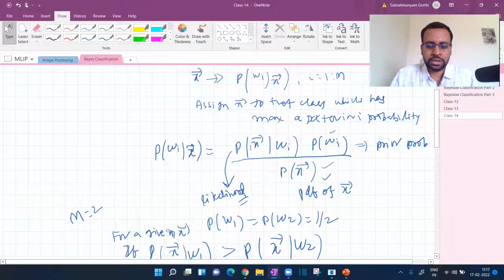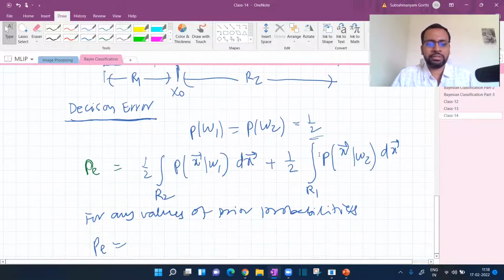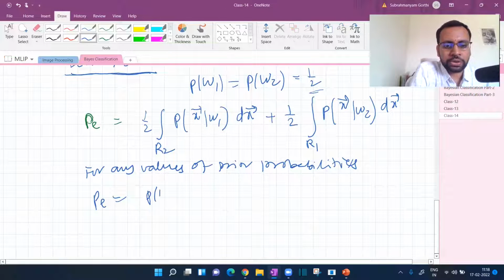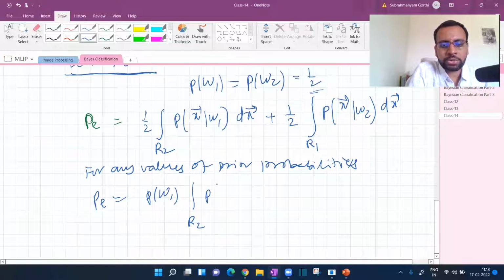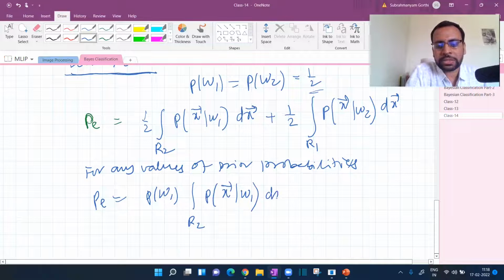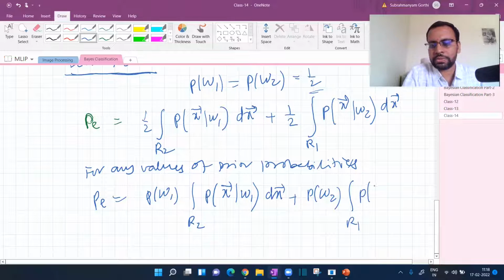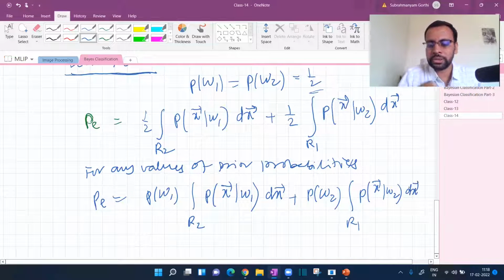If not the same, the likelihood function with respect to whichever class you are considering will be multiplied by the prior of that particular class. So this would become probability of omega 1 into the integral over R2 of probability of x bar given omega 1 dx bar, plus probability of omega 2 into the integral over R1 of probability of x bar given omega 2 into dx bar.